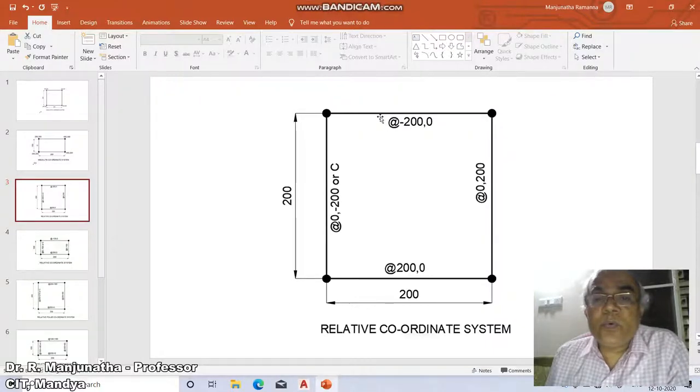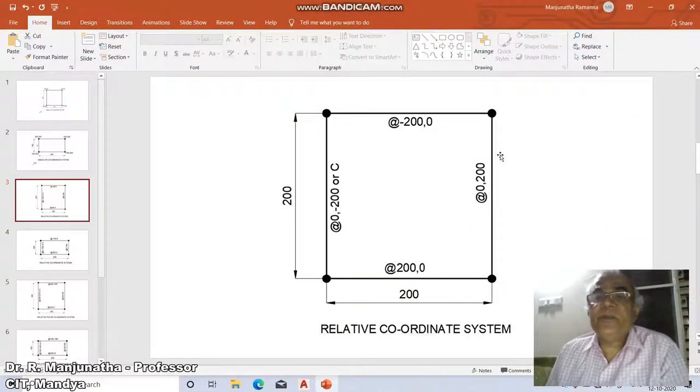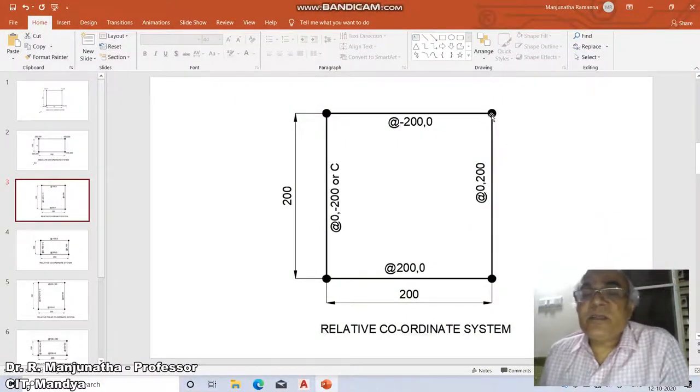Now again, we are moving in a direction opposite to the direction of the UCS x-axis. So what is the position of the new point with reference to this? In this case, it will be in the third quadrant with reference to this 0, 0. This is the first quadrant, this is the second quadrant, and this is the third quadrant. In the second and third quadrant, what is the position of x?